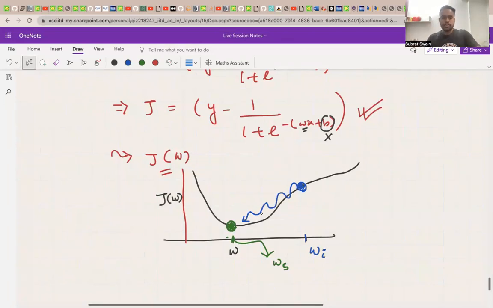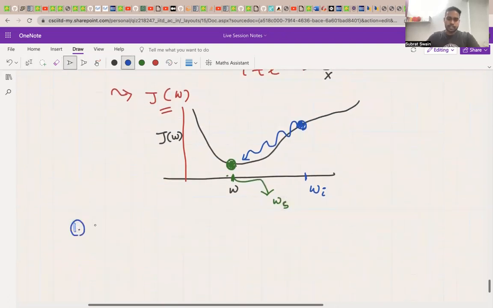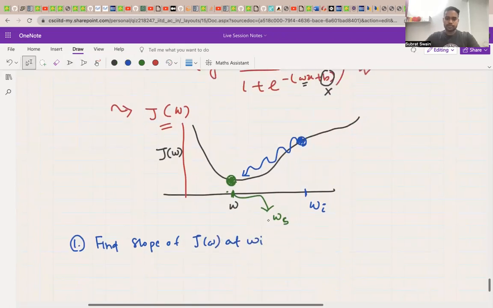I'll do one thing, and you will be convinced, I guess. What I can do is take a slope, find the slope of J(W). So I'll write the steps. First, find the slope of J(W) at Wi.